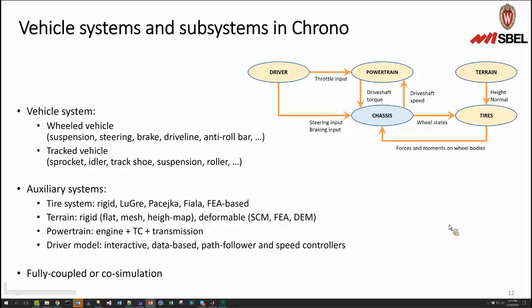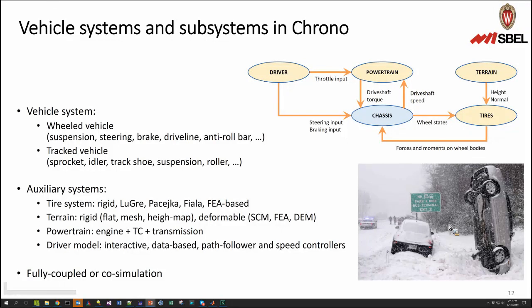These vehicles and components of the vehicles, you can run in a fully coupled fashion, or, and I'm not going to get into details here, you can take a vehicle, split it into pieces, and use some sort of co-simulation, for instance, to simulate the terrain on one node, the vehicle meaning the chassis on a different node, and the four tires on four other computers.